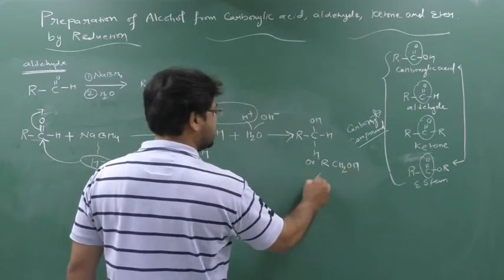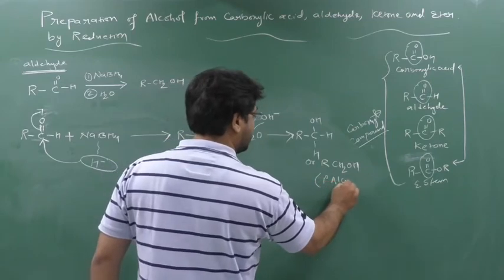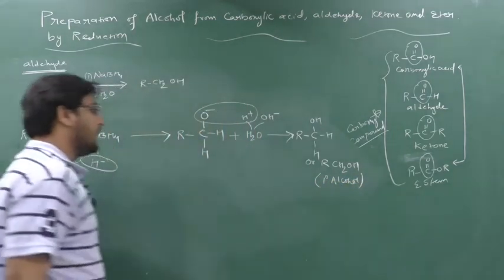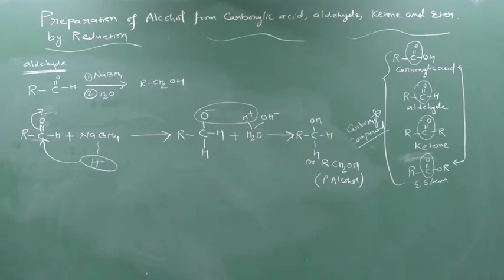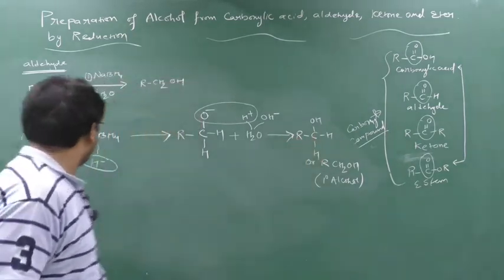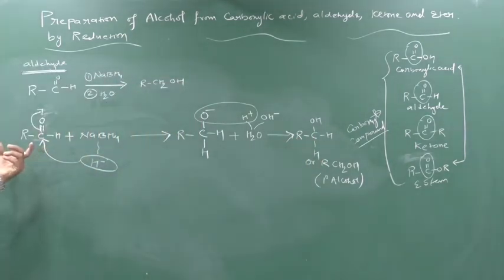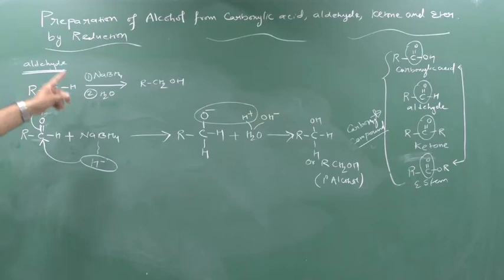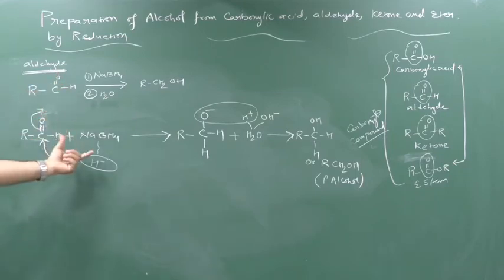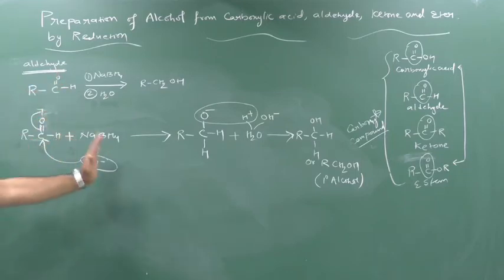So I got nothing but 1 degree alcohol. This is the better way to get the answer. So I have prepared the alcohol from aldehyde using the hydride method, that is the reduction method, with the reducing agent sodium boron hydride.